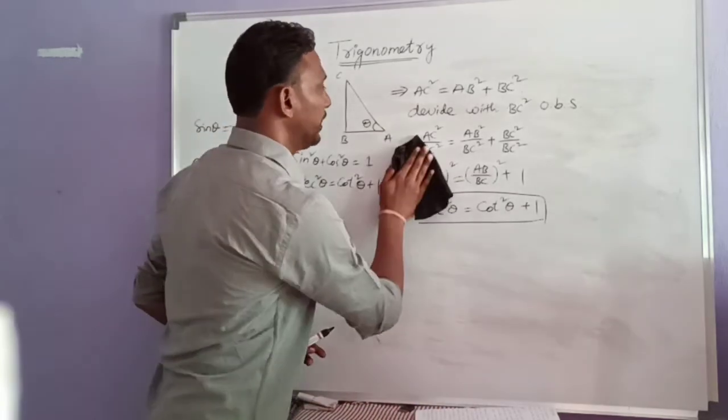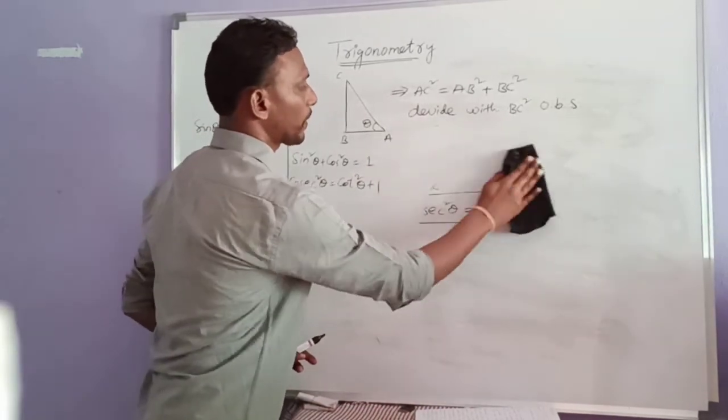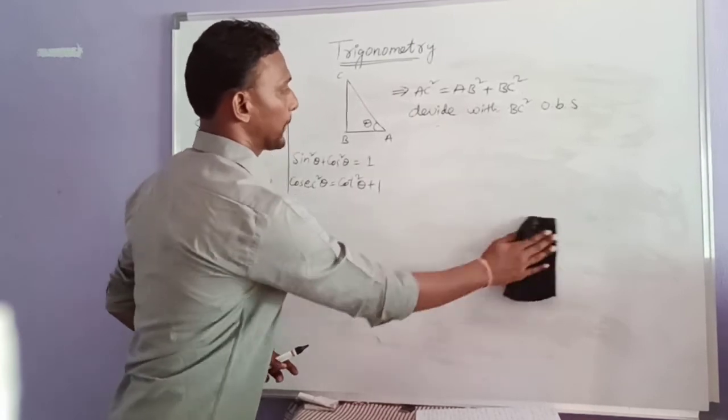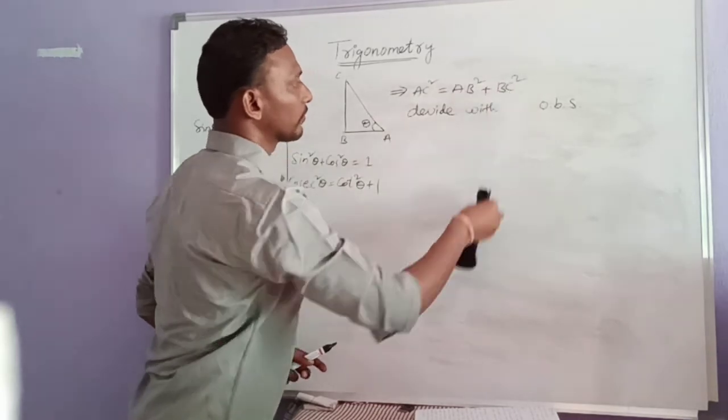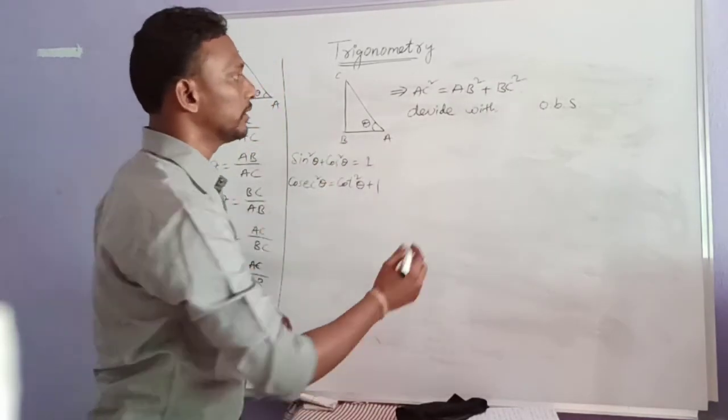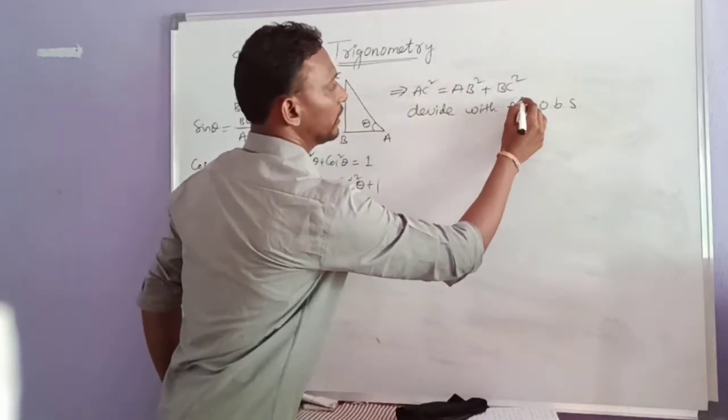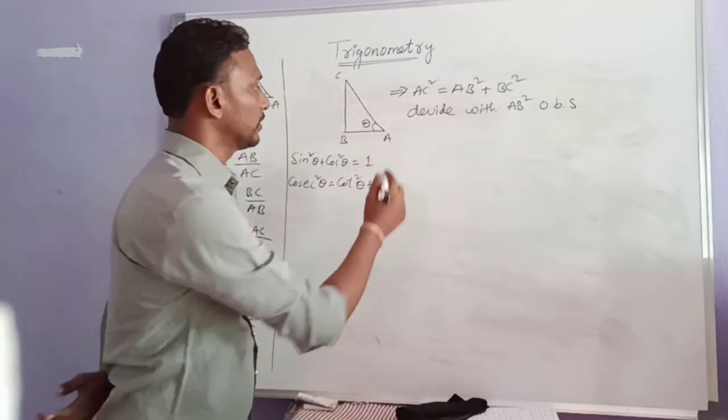Now the remaining side is AB. Now divide by AB square on both sides.